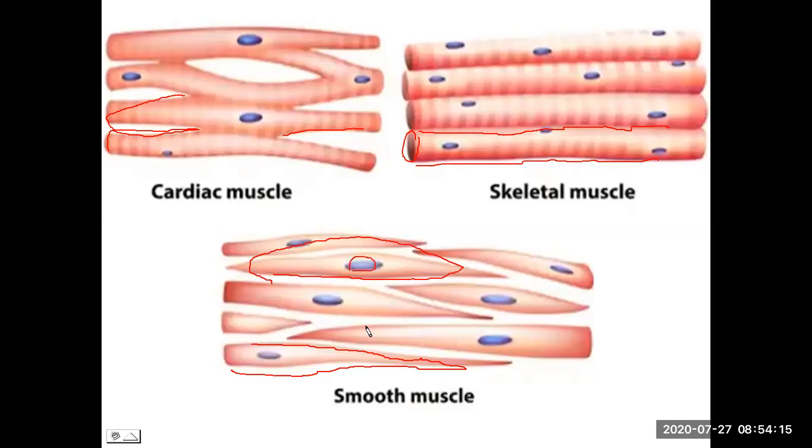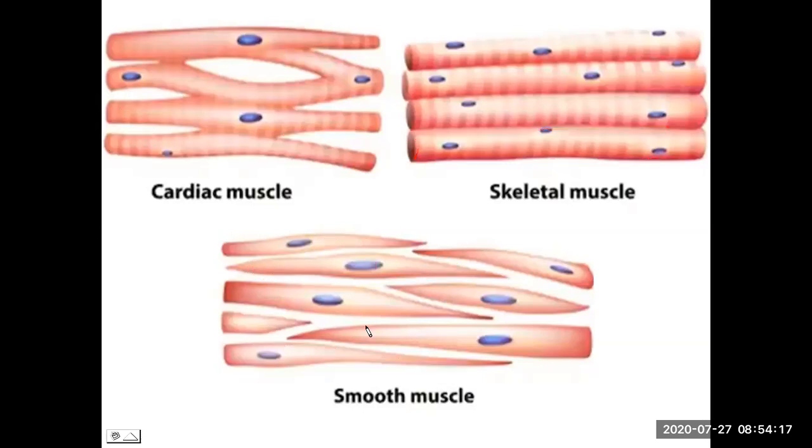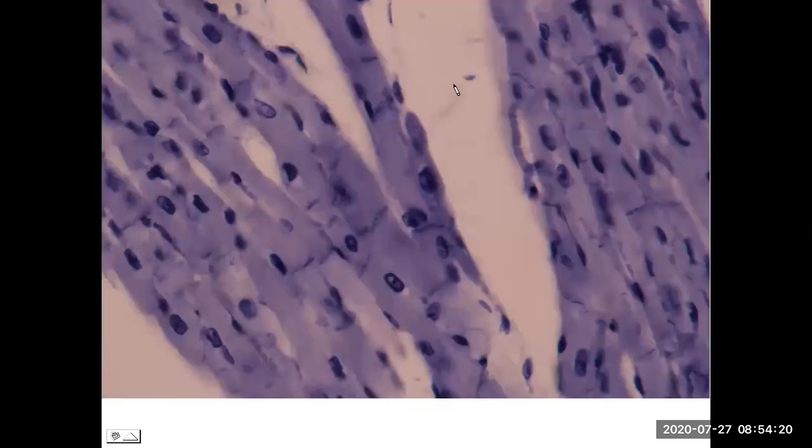Lacking any striations. We've seen the histology of cardiac muscle. Intercalated discs present, unique to this one. Smooth muscle, lacking striations. Here's one view of skeletal muscle, striations with multiple nuclei at the periphery, or another color stain treatment of skeletal muscle.